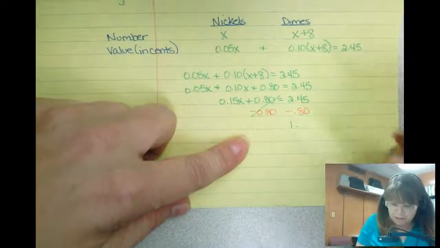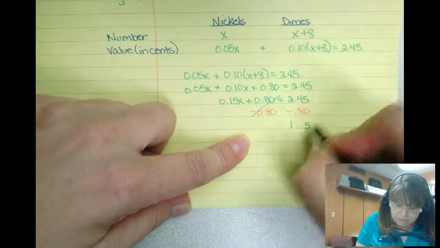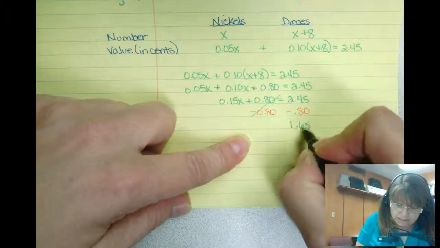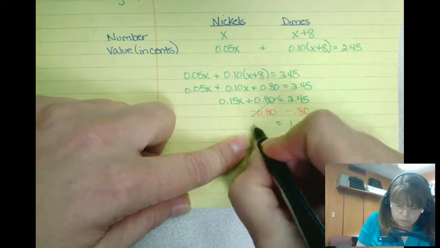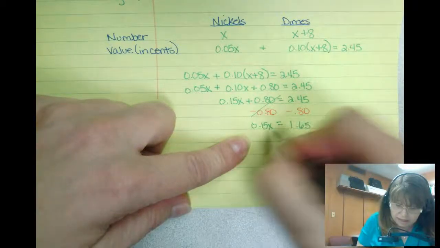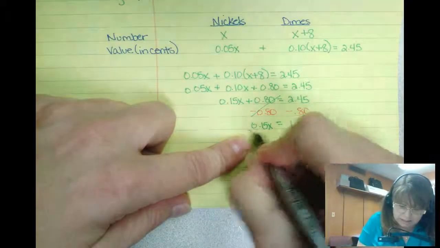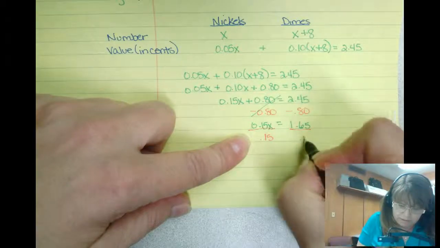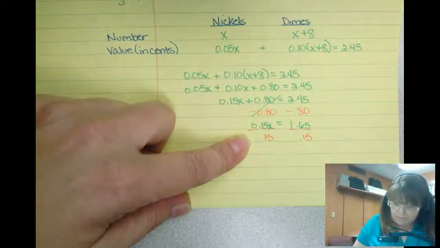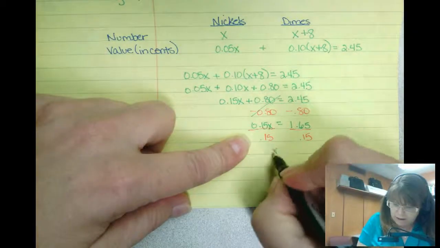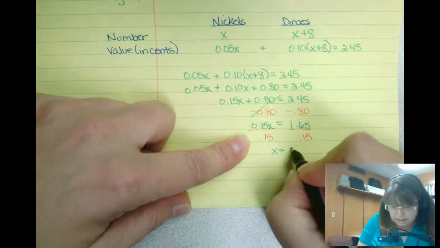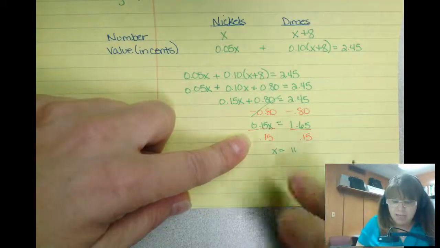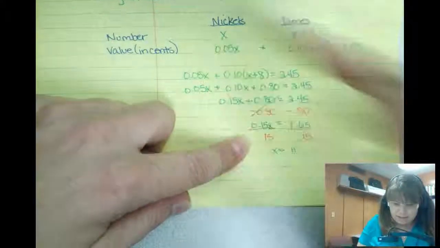1.65 equals 0.15x. Divide each side by 0.15. Therefore, x equals 11. That's how many nickels I have.